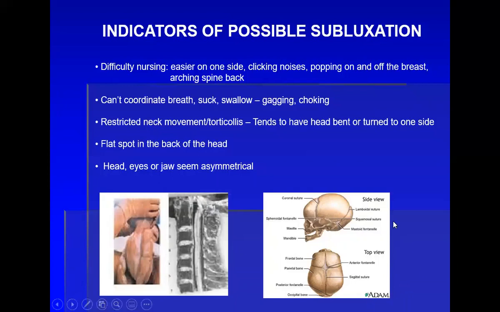These sutures can entrap some of the cranial nerves that are responsible for the suck, breathe, swallow response. And so very often we see babies that are traumatized during the birth process that will have a ridge on the side of the skull, or on the top of the skull, or on the back of the skull, depending on which bone is still overlapped on the other one.